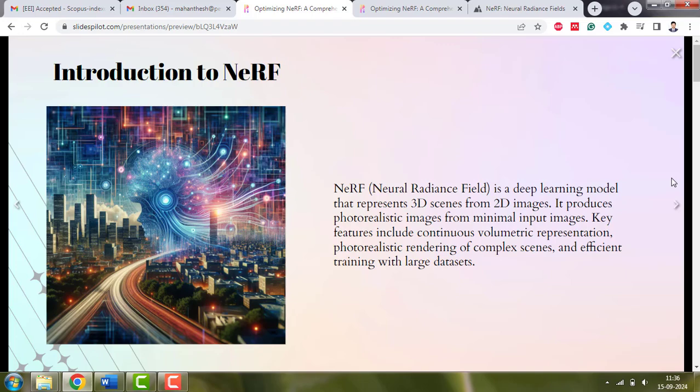It's not only 3D scenes from 2D images; there are references in our paper where they are projecting 5D images from 3D scenes, which is quite possible and improves the quality of the rendering of complex scenes.